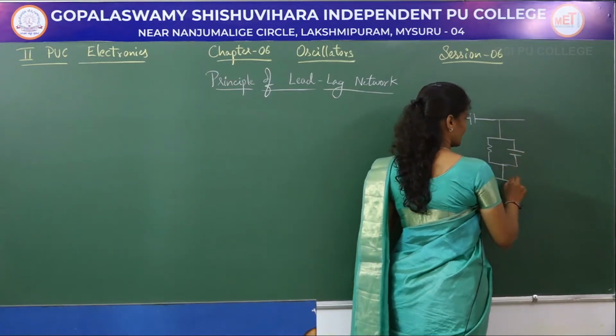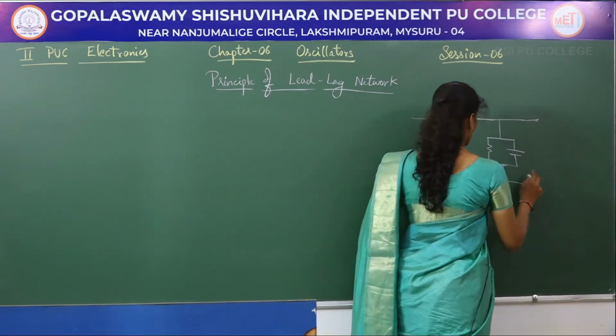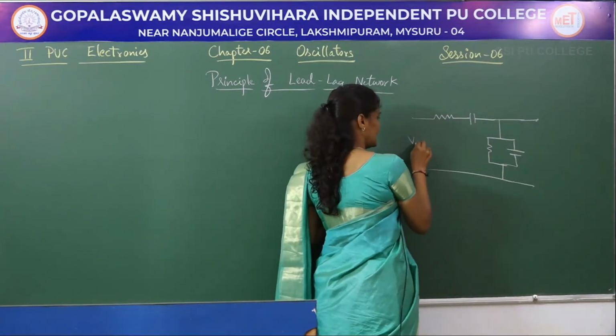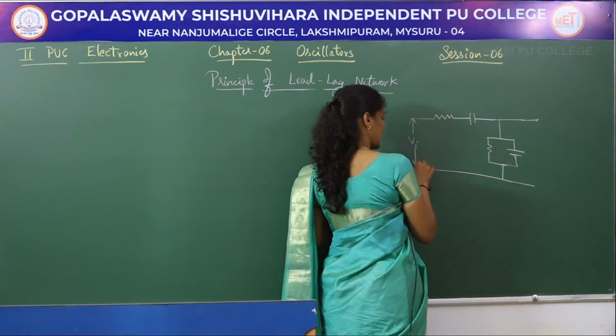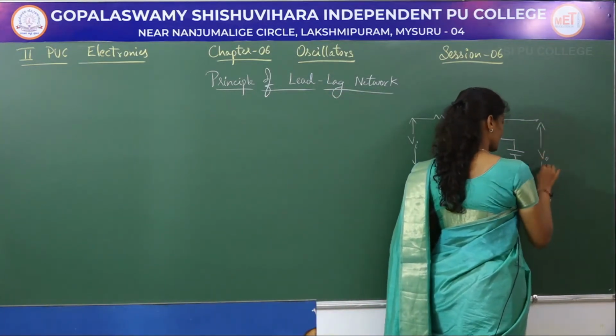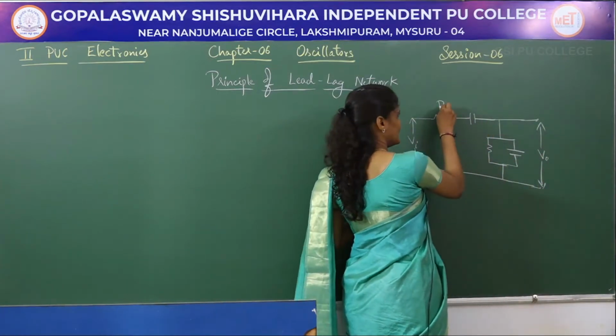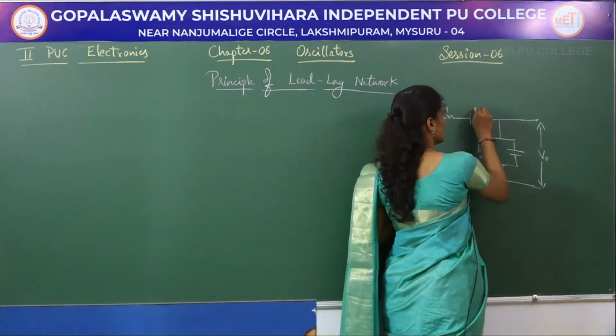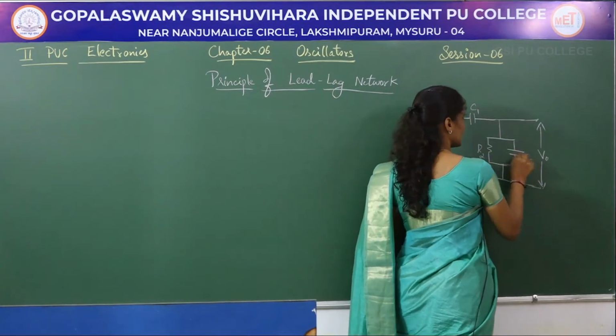So this is the network we are going to use. Here we apply the input signal, denoted by Vi, and here we take the output signal, denoted by V0. Let me call these R1 and R2, and these C1 and C2.